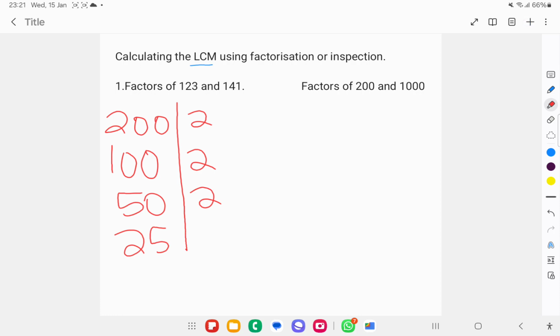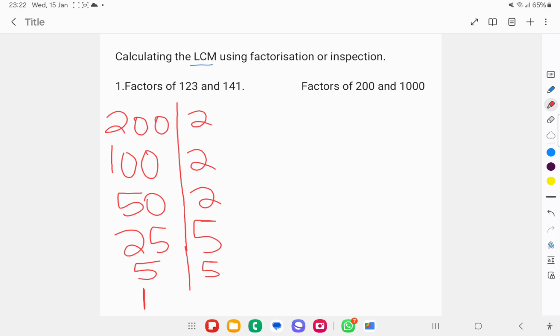Now what is the lowest prime factor that can divide into 25? Of course 3 cannot go in there, but 5 can. So 5 goes into 25 how many times? 5 times. So we write down the 5. Now the prime factor that will divide is 5, and then we are left with a 1.